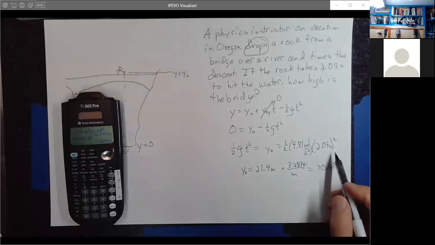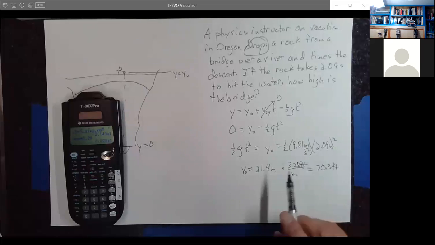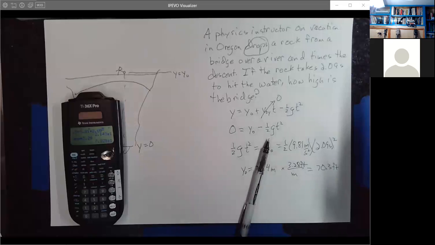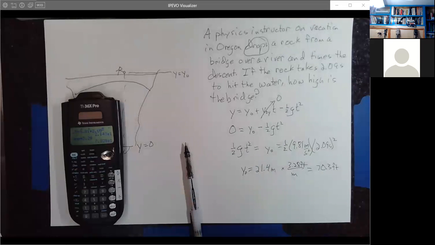Now, I don't actually remember how long it took for the rock to fall, and I did not measure it with a stopwatch. I dropped the rock and went 1001, 1002, 1000, and it took closer to 3 seconds or something like that. So I just don't happen to remember what it was.